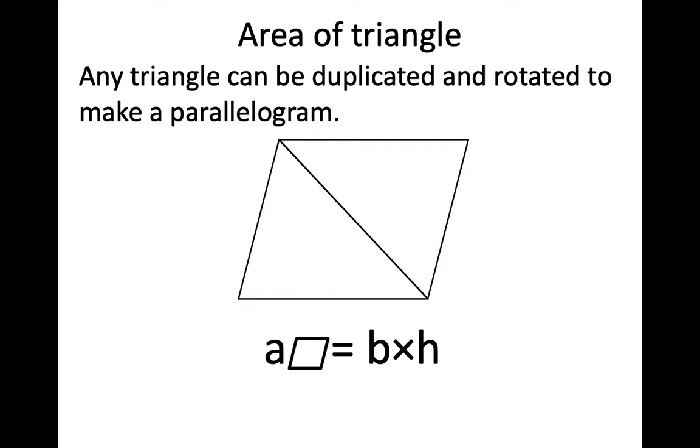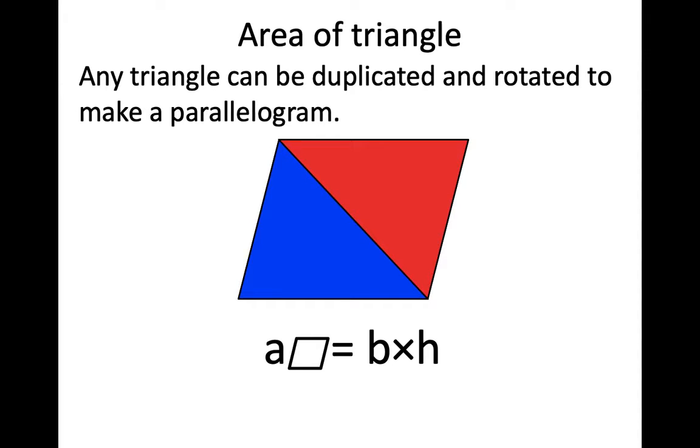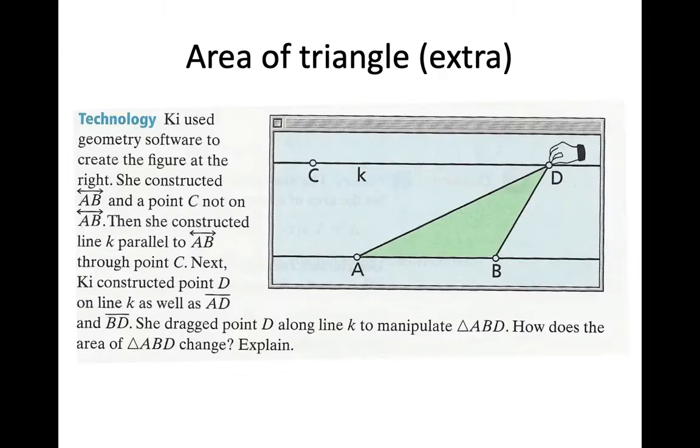And this particular parallelogram is made up of 2 triangles. So if there are 2 triangles and the area is base times height, then each one must be 1/2 of that. So the area of a triangle is 1/2 the base times height. And so we can use that to think about this particular exercise here.